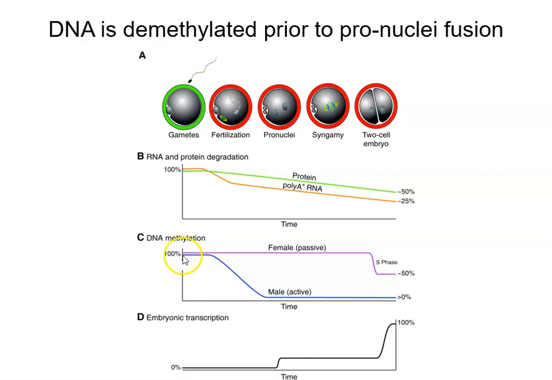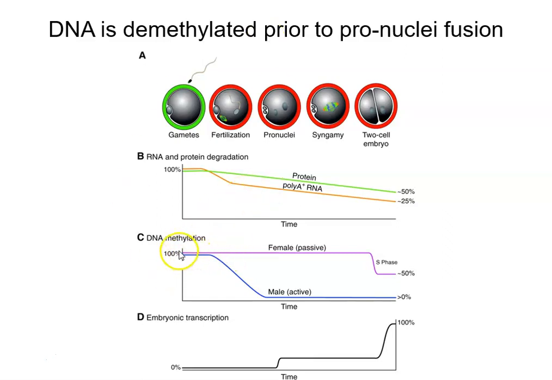At fertilization, let's say that all DNA is 100% methylated. Not that it's 100% methylated in total, but that is the background methylation level of sperm and egg DNA. Some genes are methylated, some are not.